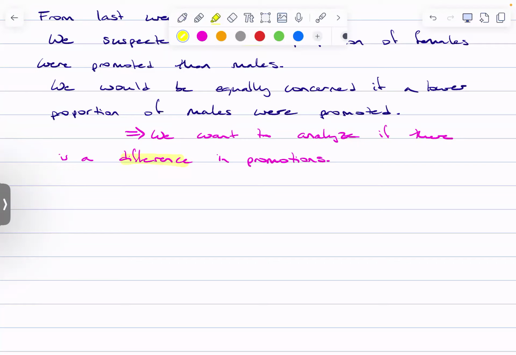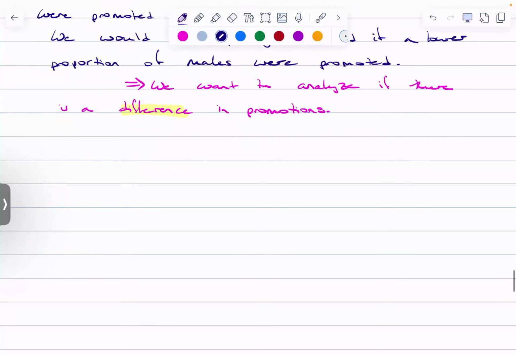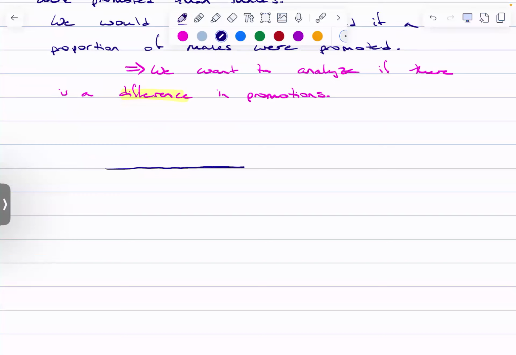That difference in terms of our normal distribution. I know, you thought you were done with it.